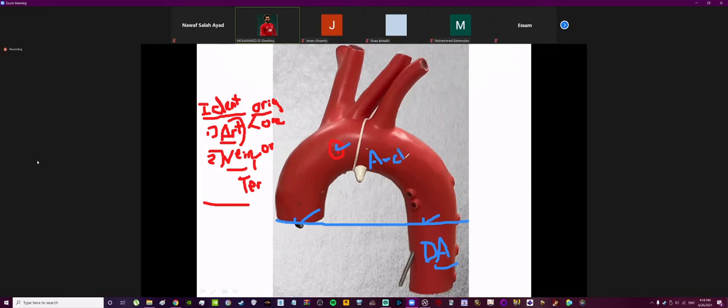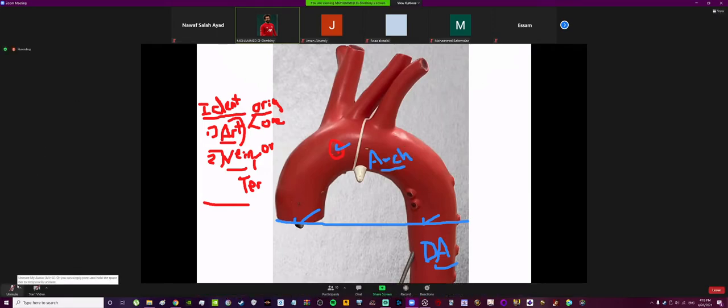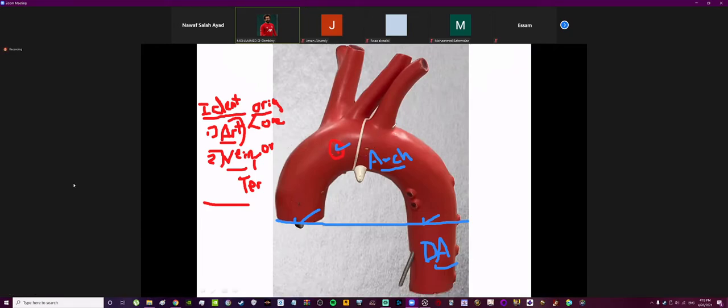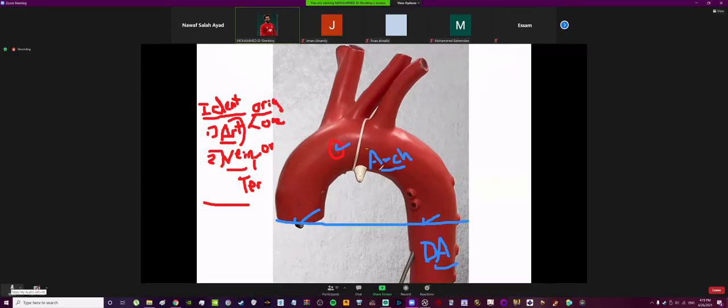What are the branches of the arch of aorta? There are the left and right subclavian arteries. Yes. And the right and left common carotid arteries, and the last one is the brachiocephalic artery that divides into the right subclavian and right common carotid arteries. You can count these branches from the arch of aorta from the left to the right.